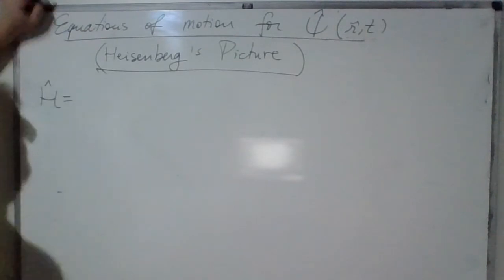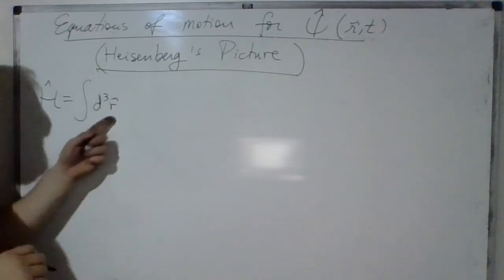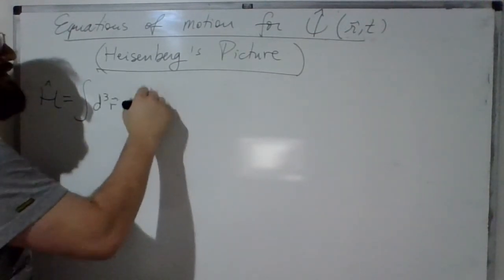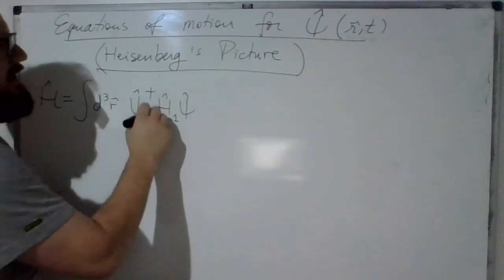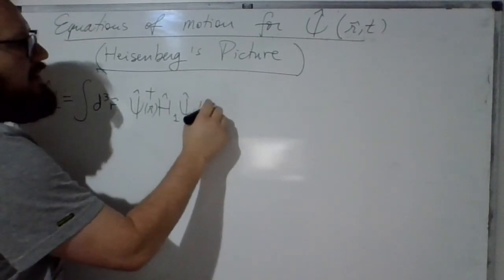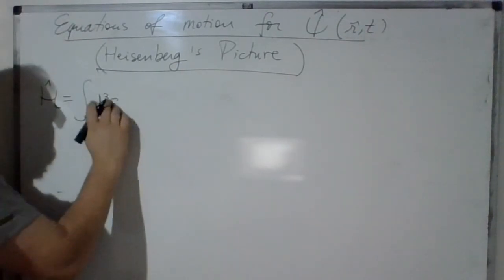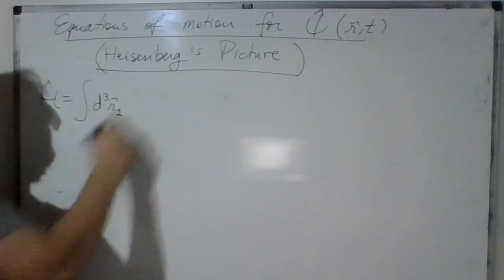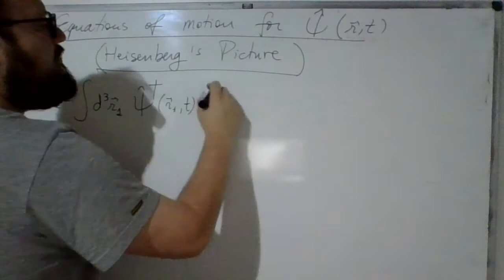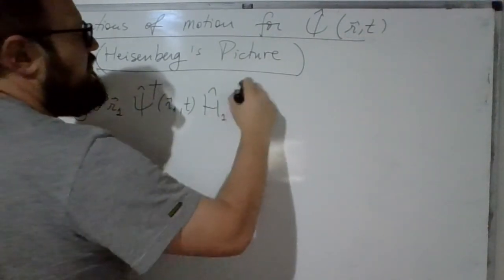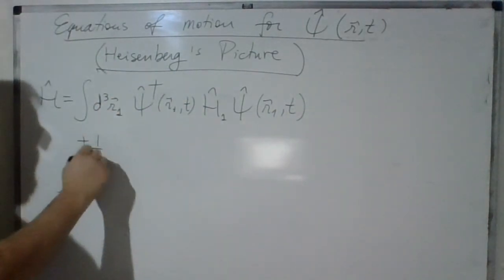Suppose in second quantized version, you have an integral over the entire volume, the part which corresponds to a single particle. So you have a Hamiltonian for a single particle here: psi dagger of r1 and t, the Hamiltonian for a single particle, psi of r1 and t, and plus 1 over 2.